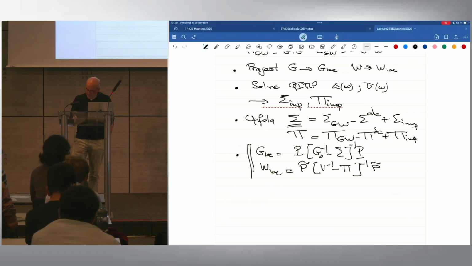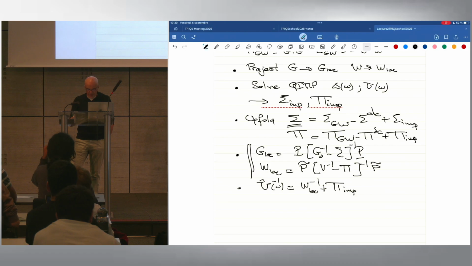And then we're going to iterate the whole thing by redefining new parameters of the impurity problem as U minus 1, again these are all matrices, of omega, equal W local minus 1 plus pi impurity of the previous step.